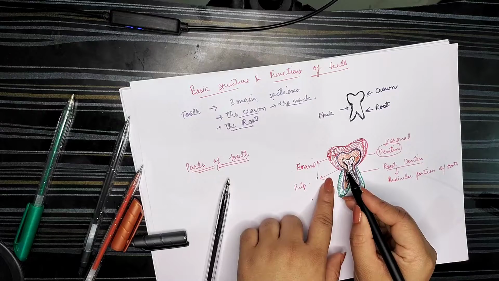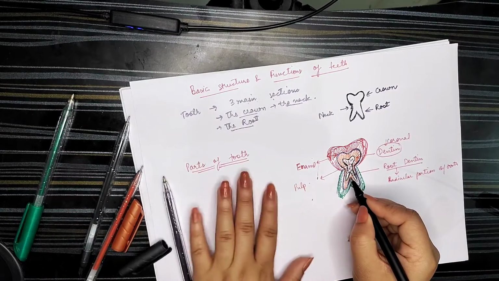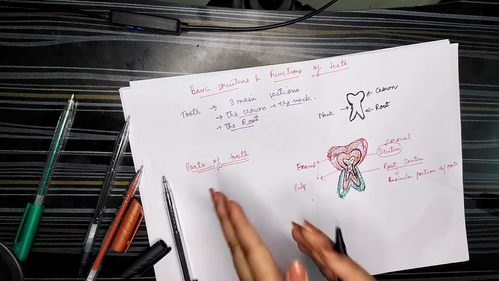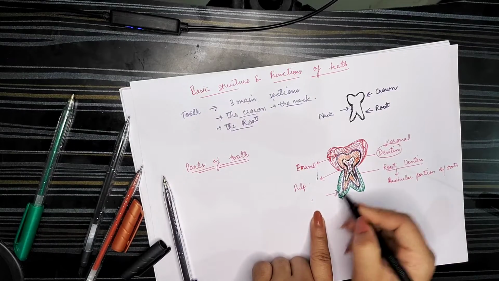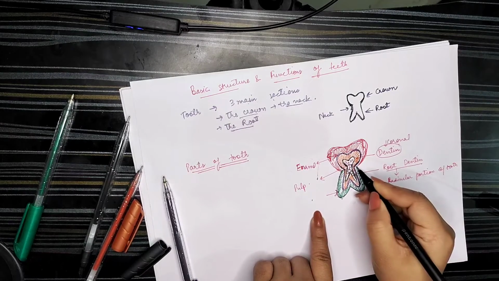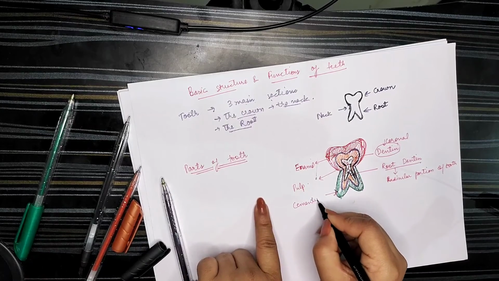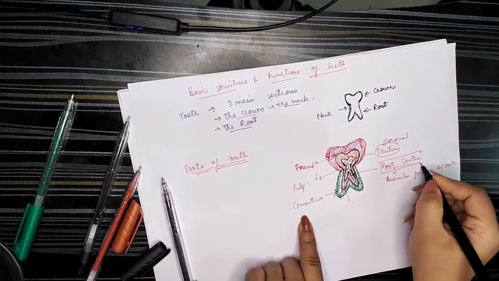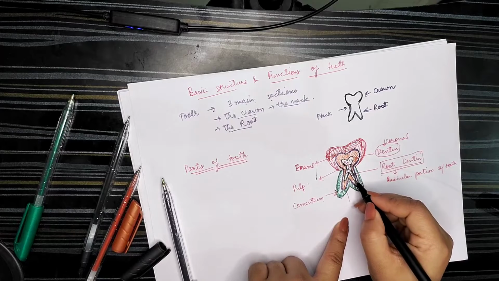Now as we proceed downwards, the root of tooth contains root dentine. So if we come from outside inwards, the outermost layer of the root of the tooth consists of cementum. As we go inwards, there comes root dentine. More inwards, there comes the pulp chamber.